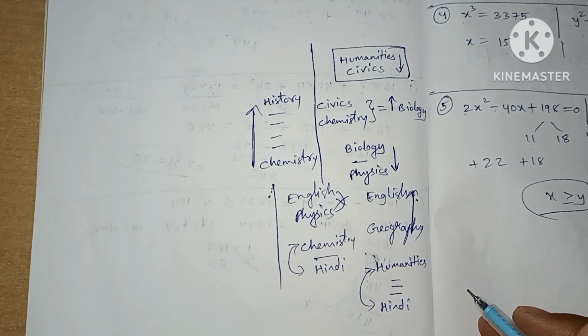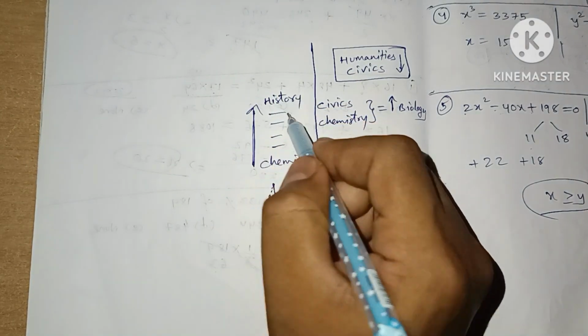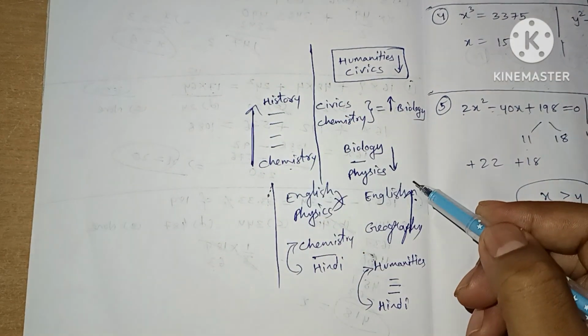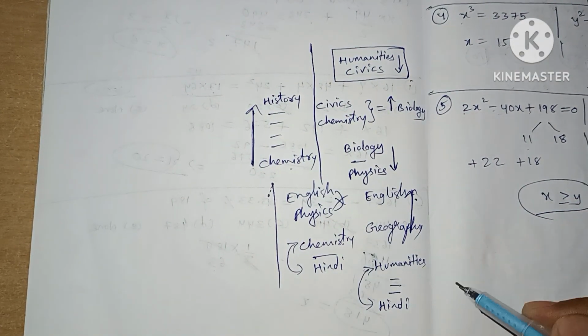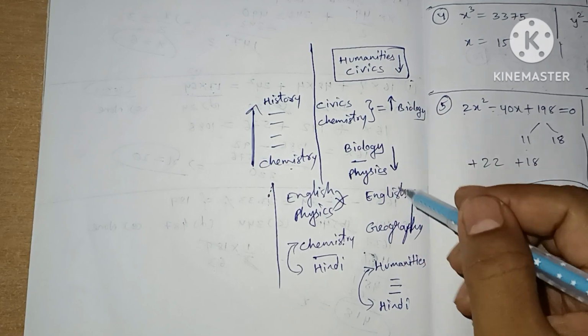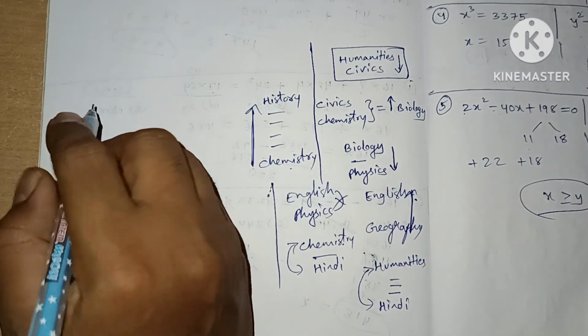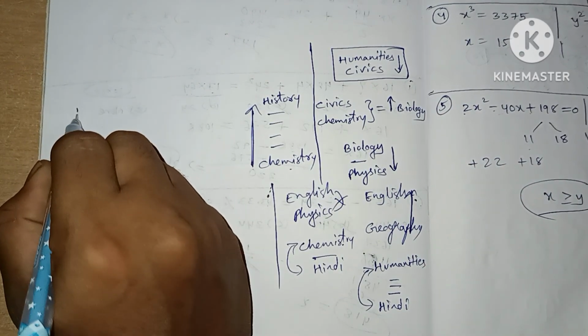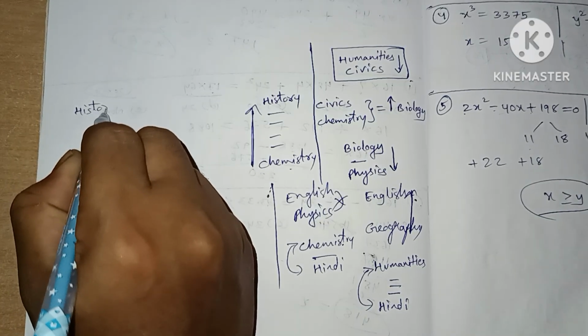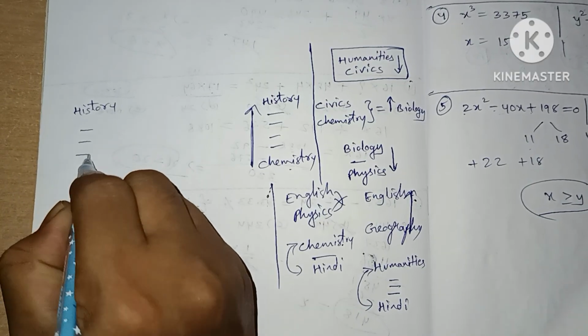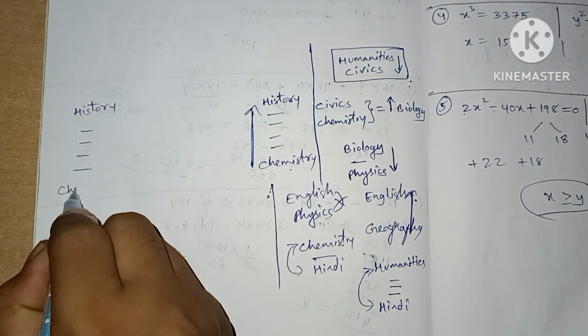First we are going to start with history and chemistry. We have chemistry here. So we'll start with history and chemistry. Here if we have history 1, 2, 3, 4, this is chemistry.